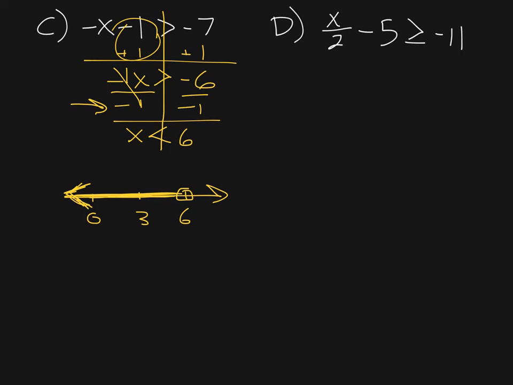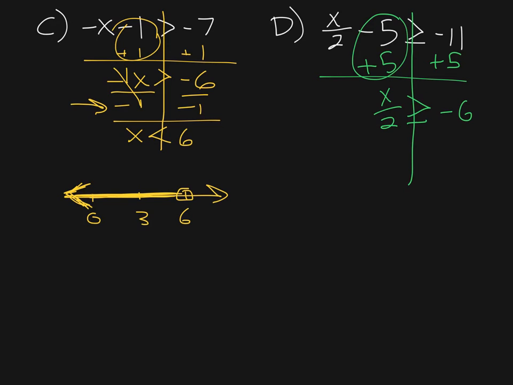In our final example, example D, start with our line. We have minus 5 here, so we'll add 5, plus 5. Negative 5 plus 5 is 0. We have x over 2 left over is greater than or equal to negative 6. Now, this is x divided by 2, so we want to do the opposite.